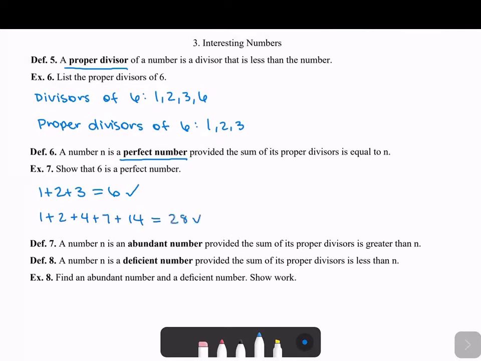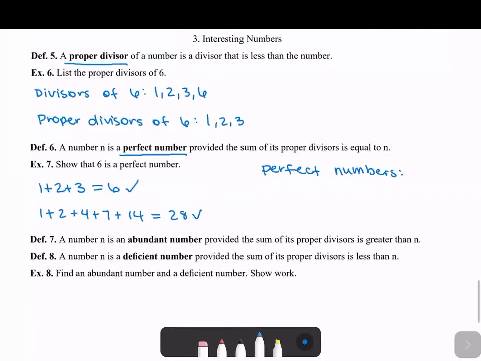So yeah, the perfect numbers are kind of sparse. We can list them: 6, 28, 496, 8,128, and so on. So you can always find them, but like I said, they're really sparse.